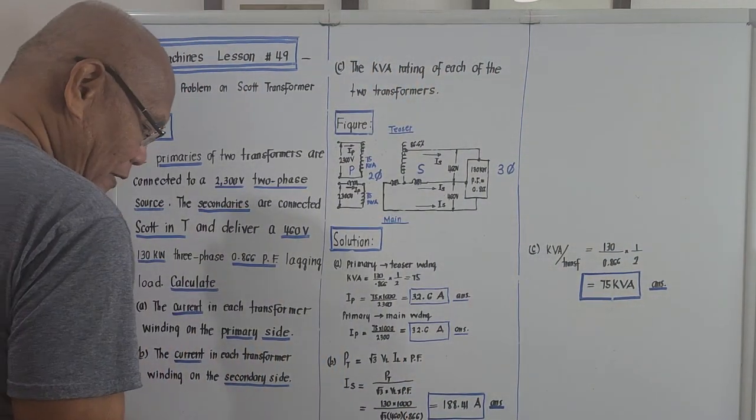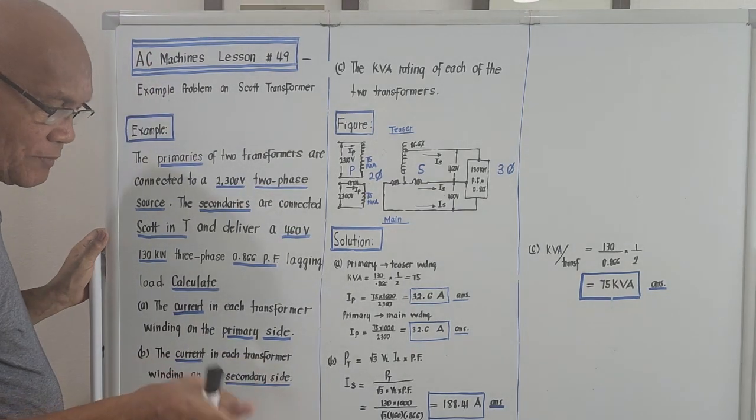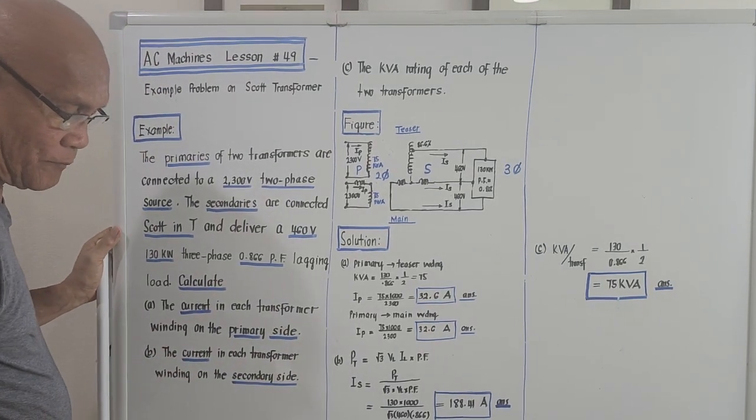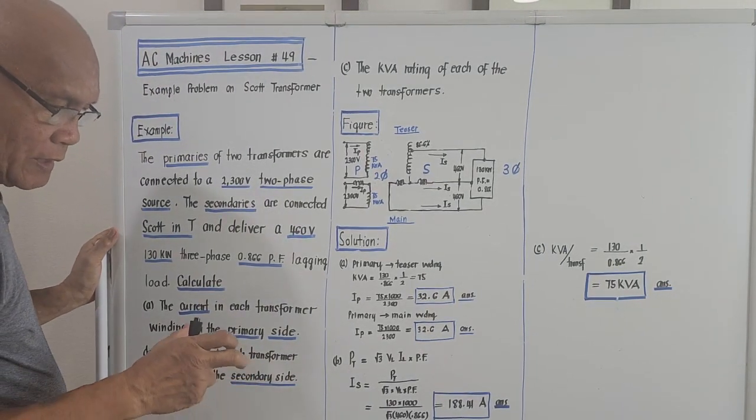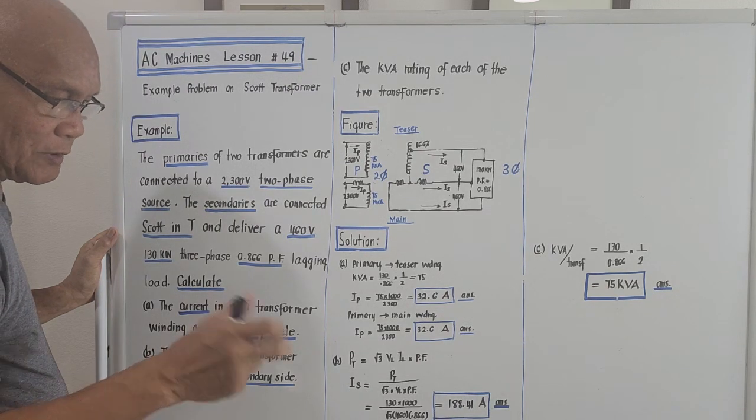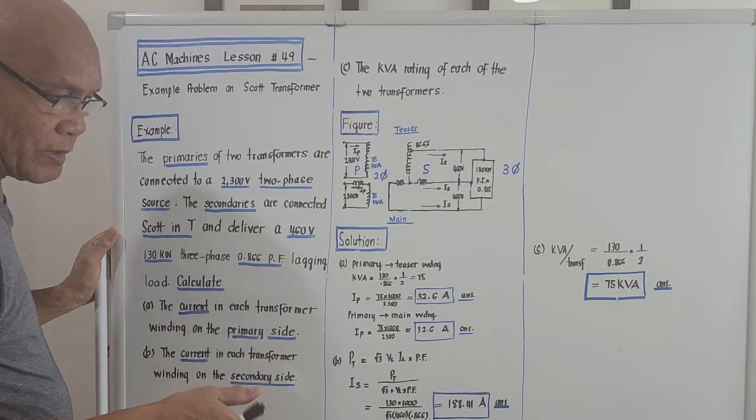The last time around, I discussed the first example on the computation of currents if the connection is a SCOTT transformer.